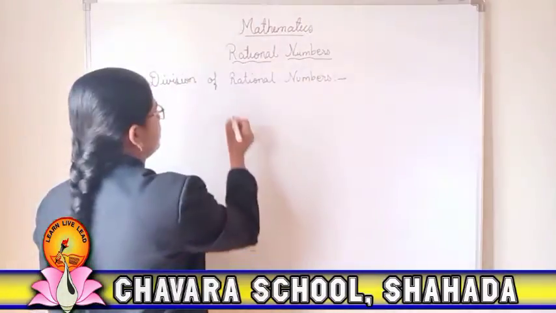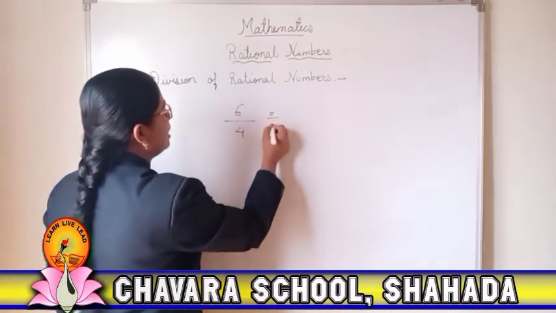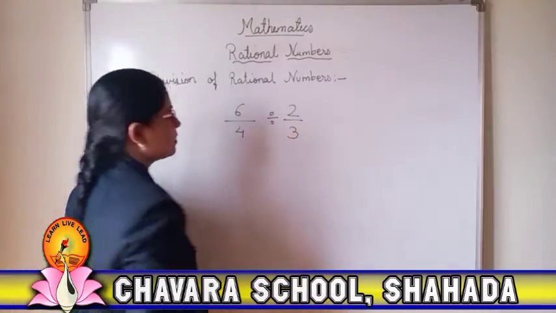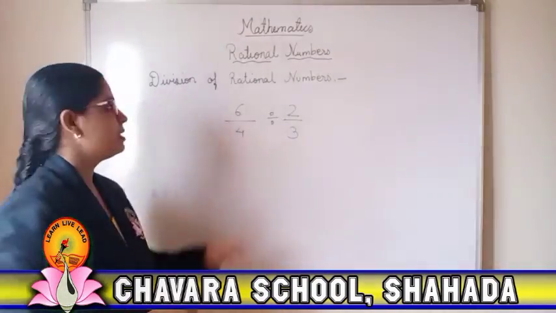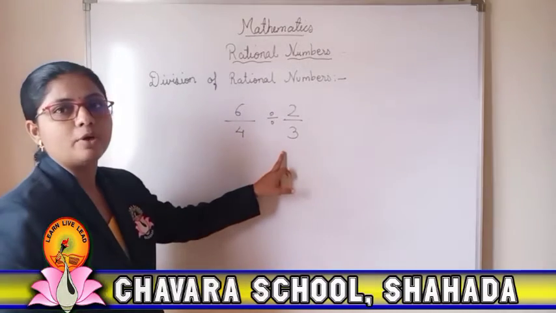Suppose the number is given as 6 upon 4 divided by 2 upon 3.